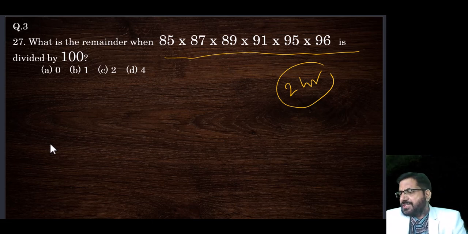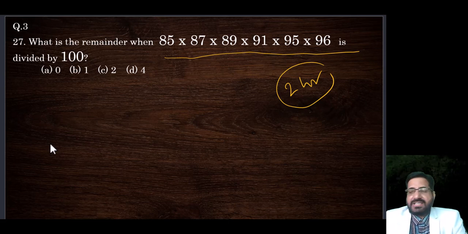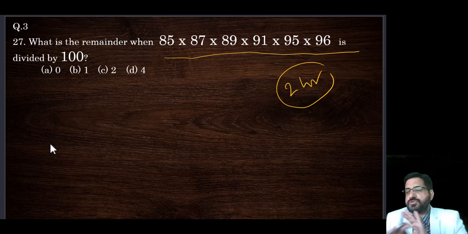You are not supposed to multiply all these things. Even if you keep multiplying, it will take 2 hours. Even if you use a calculator, you are not allowed to use a calculator, it will take more than 2-3 minutes. So the idea here is you are not supposed to multiply this. Don't keep on multiplying these things.